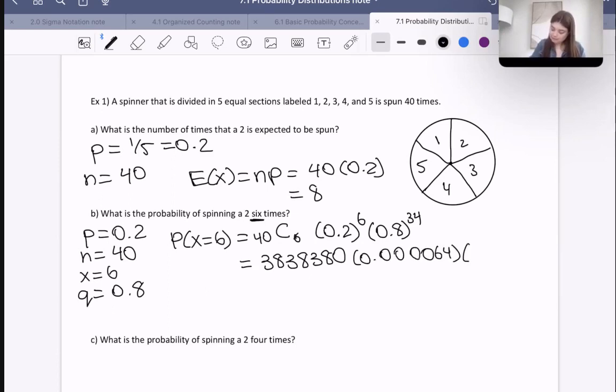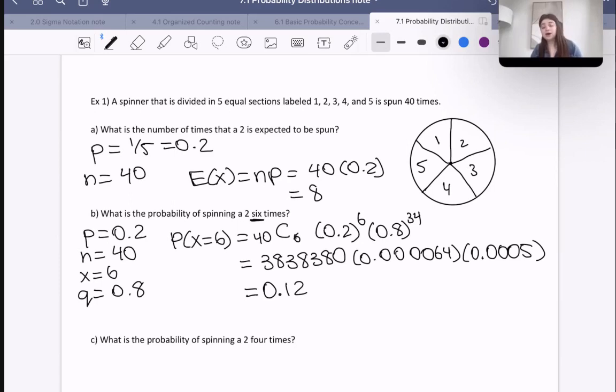And then for 0.8 to the power of 34, that is going to be 0.0005. And then if we multiply all those out, we get 0.12 approximately. And there we have it. So therefore, the probability of spinning 2 exactly 6 times is about 12%.